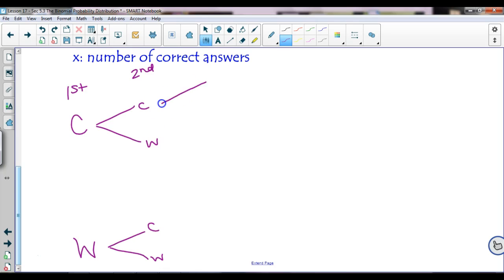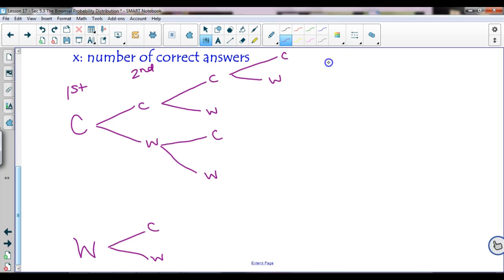So then the third question, you still have the options correct or wrong, right? Ooh, they're going to be bunched up. Put it down here more, okay? And then on the fourth question, you'll still have correct or wrong, right?